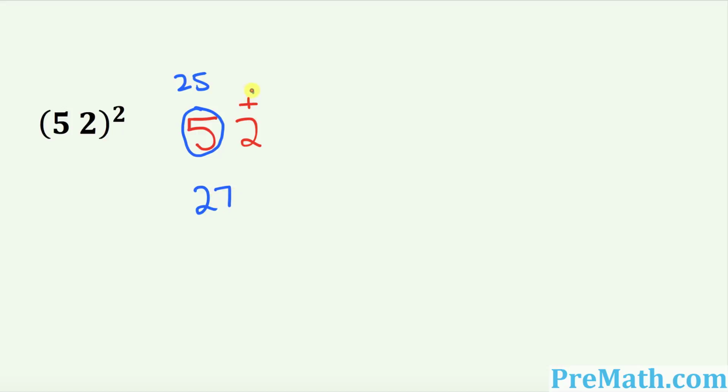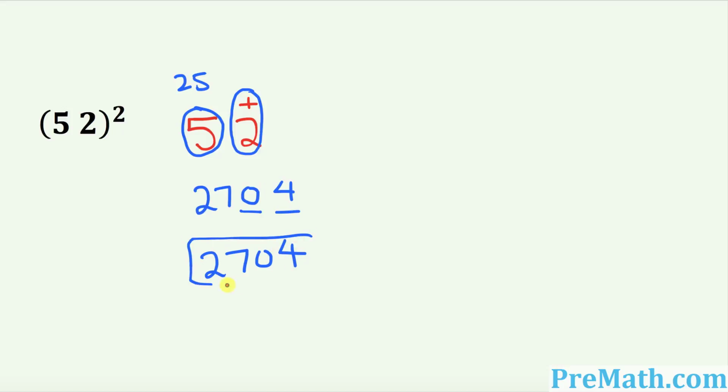And then take the square of 2, which is 4. But we must have 2 digits after that, so 4 could be written as 04. So your answer turns out to be 2704.